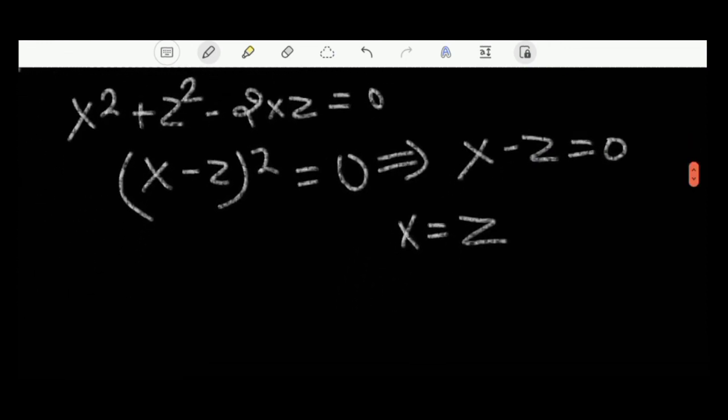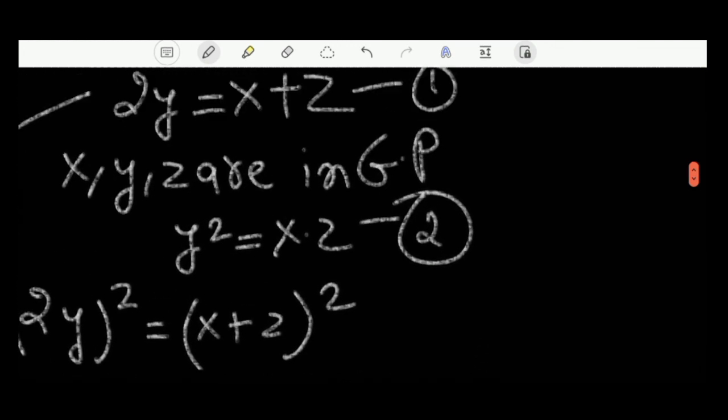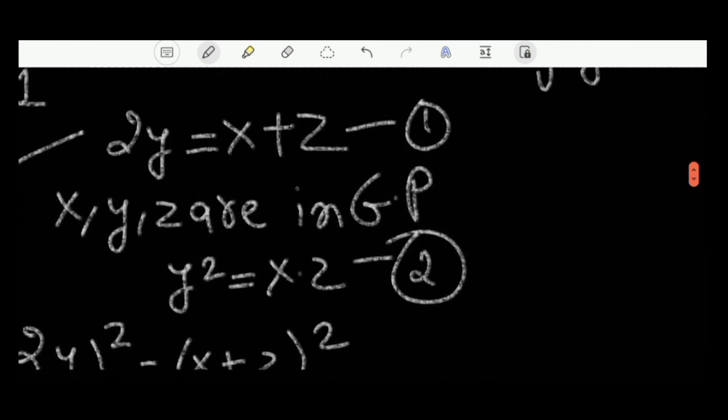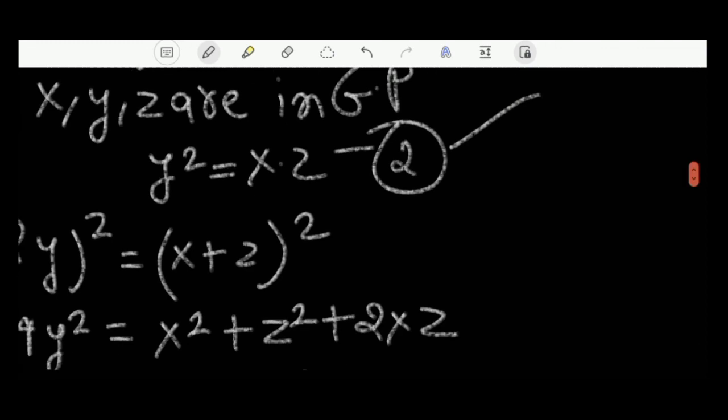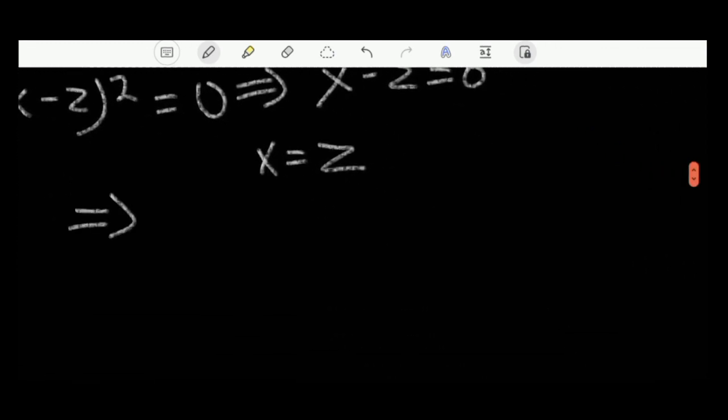And after substituting this in one of these two equations, we obtain that x is equal to z is equal to y.